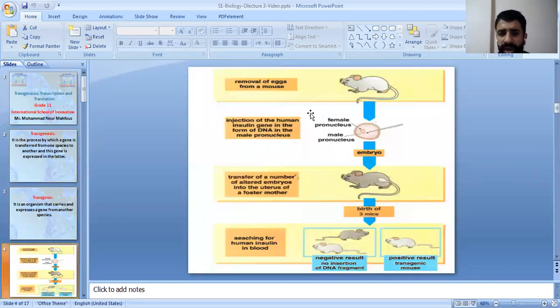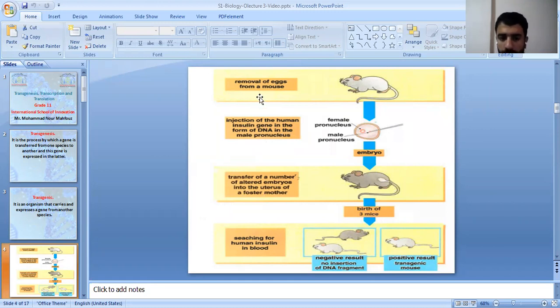In this experiment, we have removed eggs from a mouse, and then we inject the human insulin gene in the form of DNA in the male pronucleus, and then the male pronucleus is injected into the female pronucleus, and we have the embryos, which are transferred into the uterus of a foster mother.